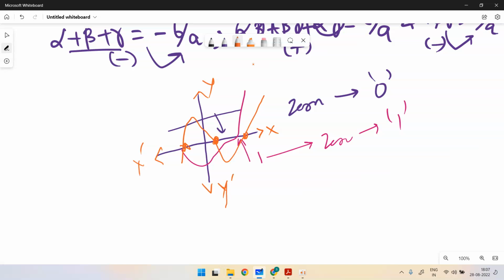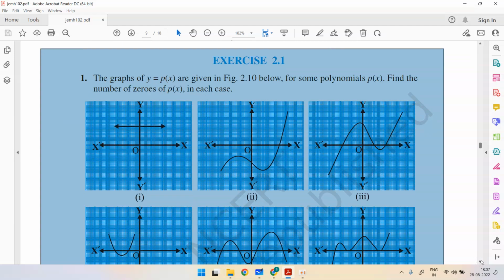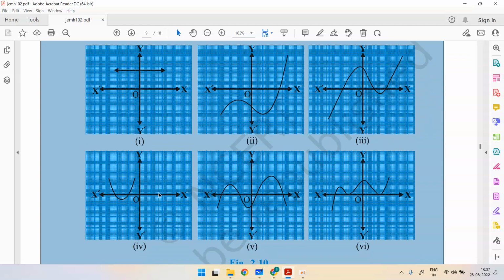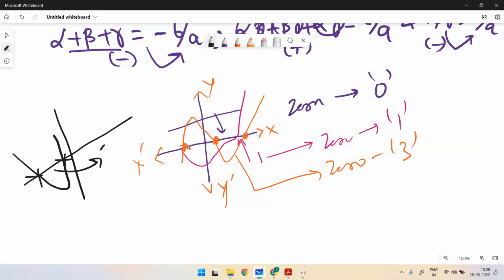Three points, so the number of zeros will be 3. Now, fourth part of the first question: this intersects the x-axis at 2 points, so the number of zeros will be 2.